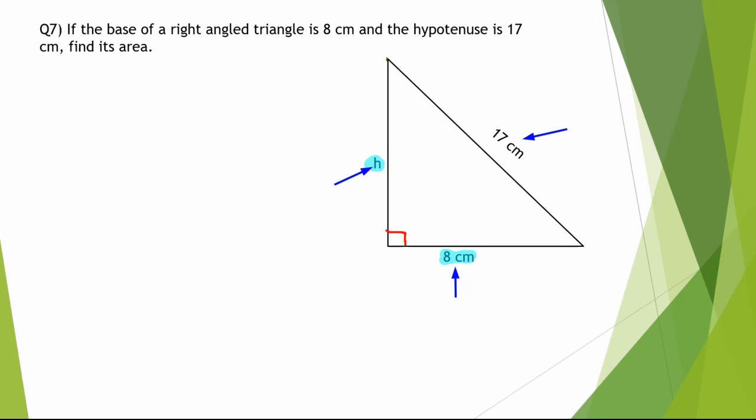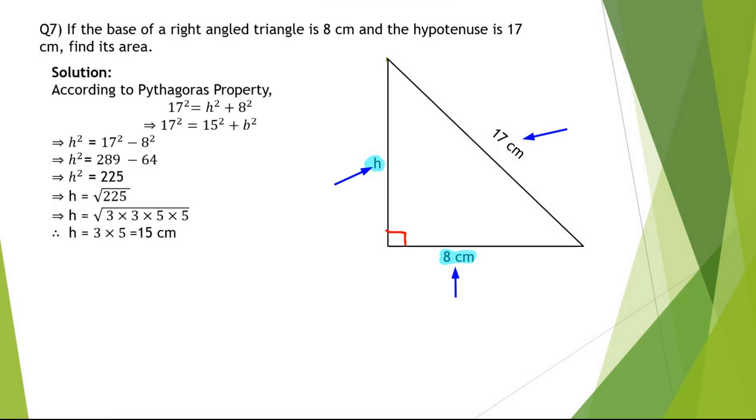Now let us find height because that is missing here. So we can apply Pythagoras theorem here to find the height. According to Pythagoras property in this triangle, hypotenuse square equal to h square plus 8 square. So here 17 square equal to h square plus 8 square.